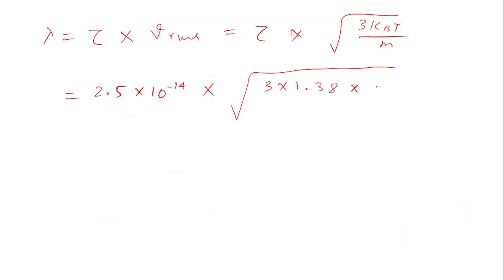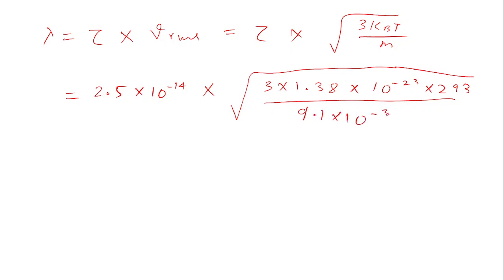1.38 times 10 to the power minus 23 times 293 Kelvin divided by the mass of electron, which is 9.1 times 10 to the power minus 31.